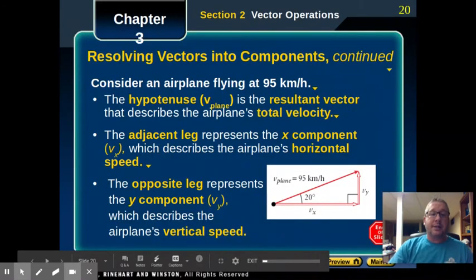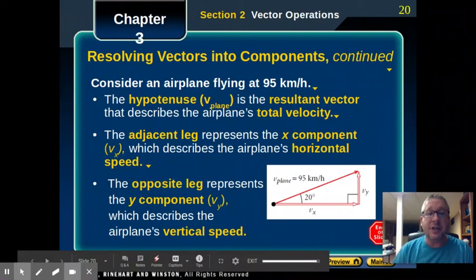All right, so as we see here, with the hypotenuse being 95 kilometers per hour, that's our resultant, and we can determine the horizontal and vertical motions of this particular airplane's path.